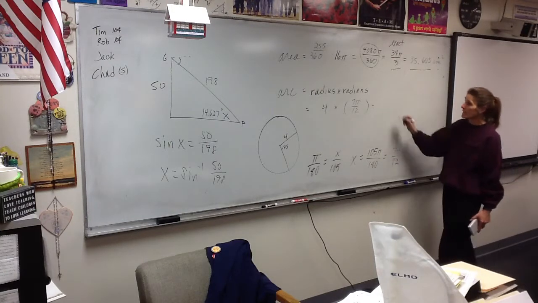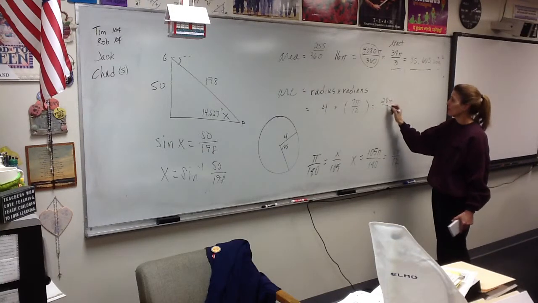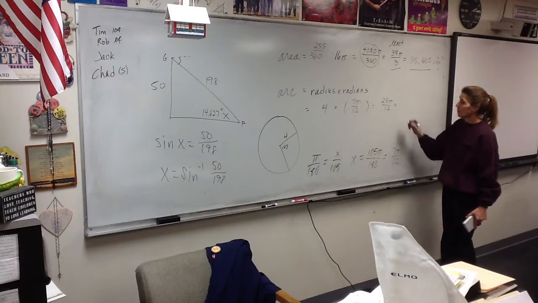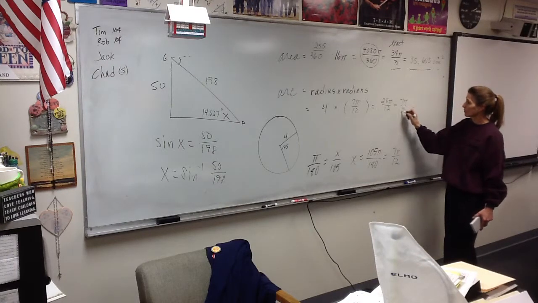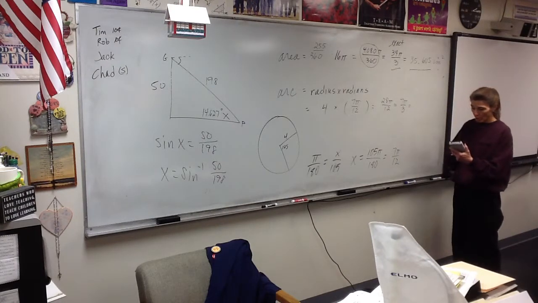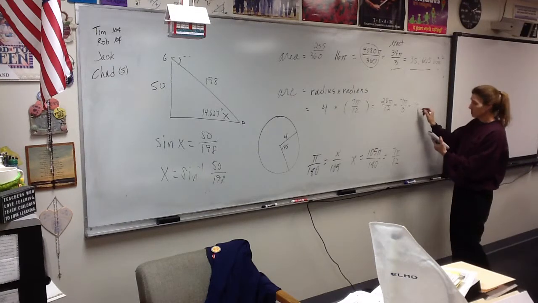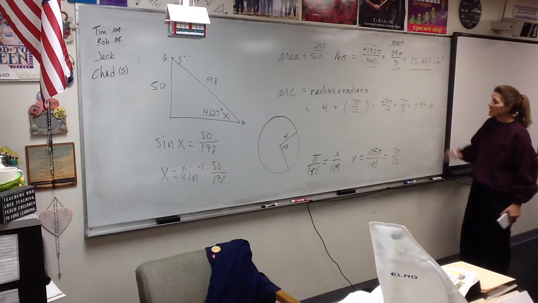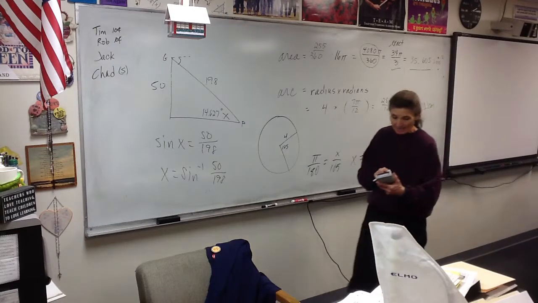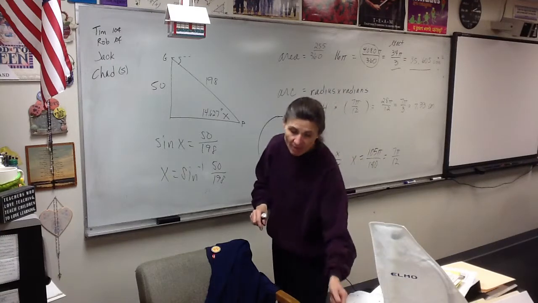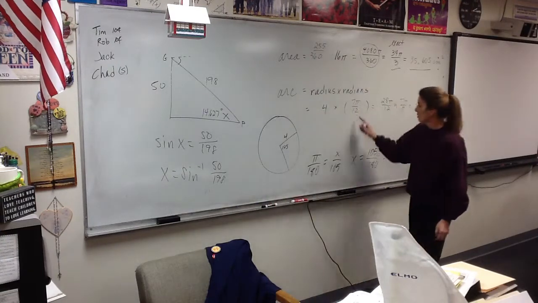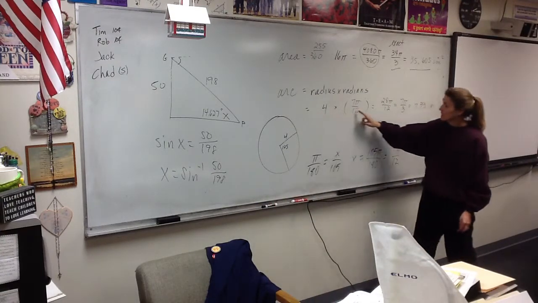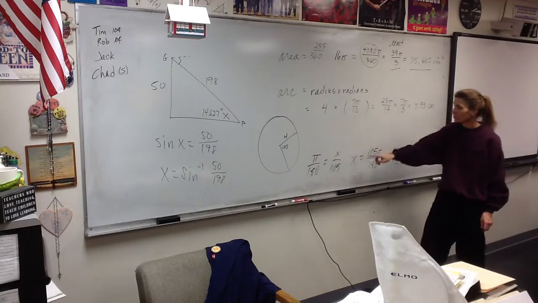So the arc length would be 28 pi over 12, or 7 pi over 3, or 7.33 if you're using a decimal, and that would be centimeters. That is the length of the arc: radius times the radian measure of the angle.